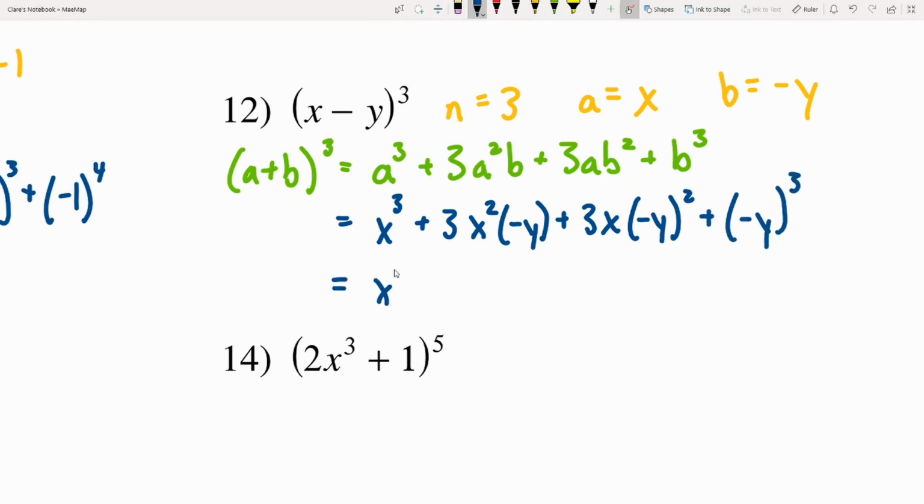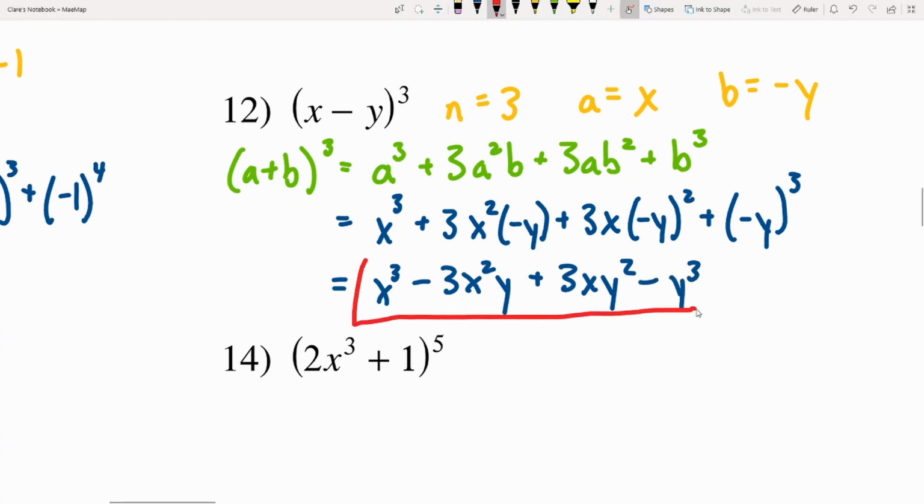So that's x cubed for that first term, plus my second term is going to be a negative 3x squared y, so I'll subtract 3x squared y, and then I'll add 3xy squared, and then I'll subtract y cubed. So x cubed minus 3x squared y plus 3xy squared minus y cubed.